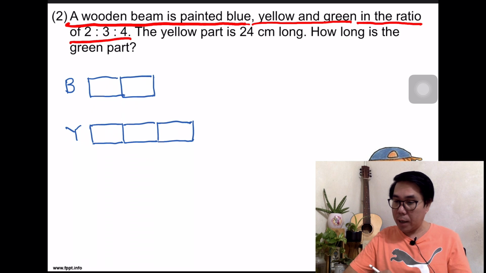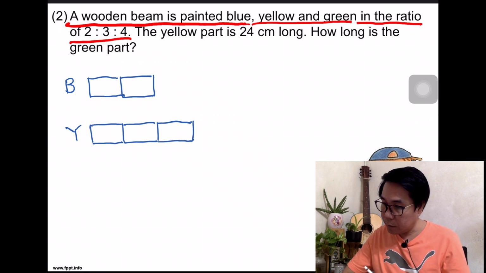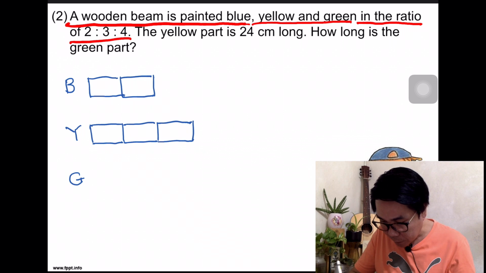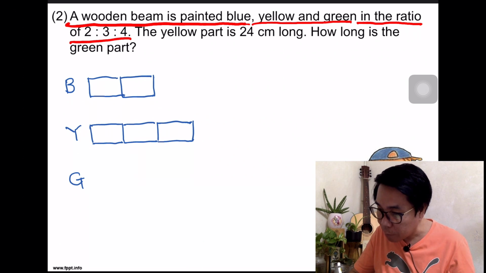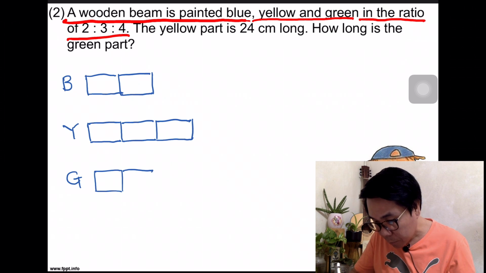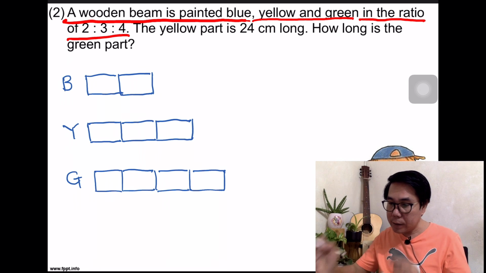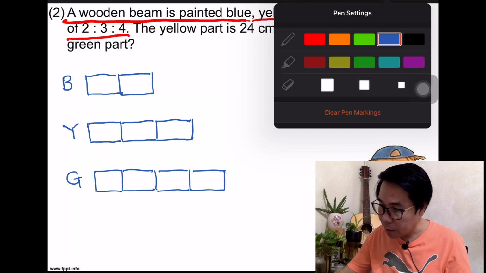Now, and then the green one, okay, so we have how many? Green is 4. So 4 units. 1, 2, 3, and 4.